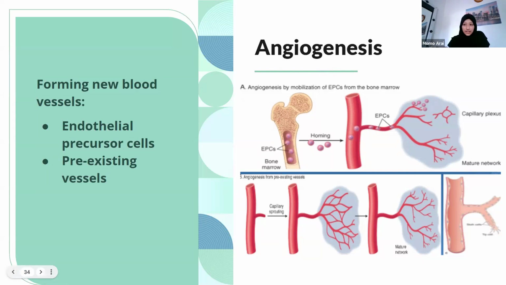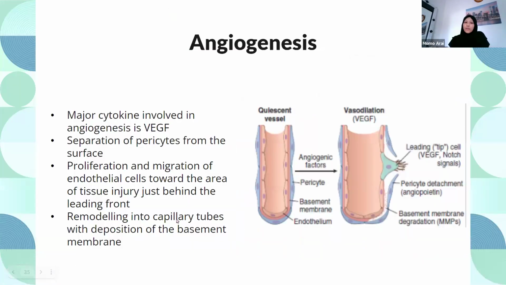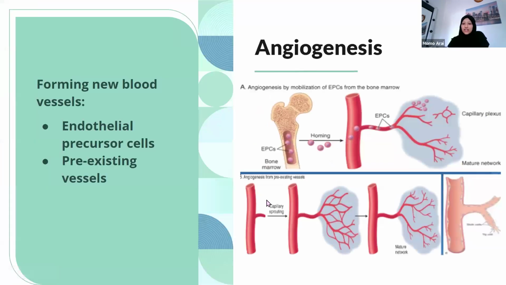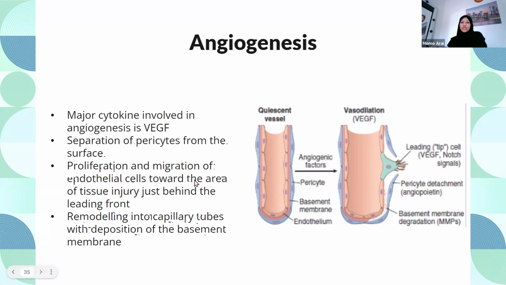Now, this is in the first 24 hours of injury. Do you see here the major one involved is VEGF, vascular endothelial growth factor. In which type of angiogenesis? In the second one, the pre-existing vessel. The other one you're usually not asked about, but it's good to know because it comes from the bone marrow and stimulates.